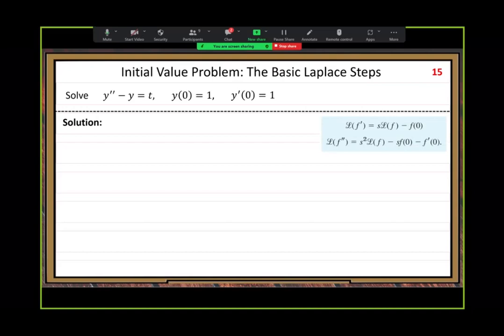We just use the second formula: s squared times capital Y, minus s times the first initial condition, minus the second initial condition, where capital Y is the Laplace transform of little y. Then the Laplace transform of t is our basic formula, 1 over s squared. That's our basic formula.